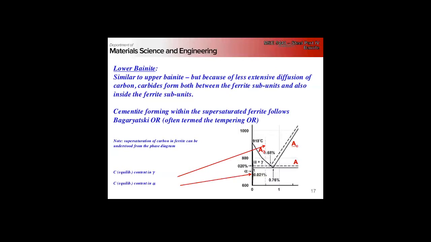And so the cementite that forms within the supersaturated ferrite, within the subunits, mimics pearlite that grows from proeutectoid cementite on the existing cementite on the grain boundaries, and we get a Bagaryatskii orientation relationship there, rather than the Kurdjumov-Sachs, right?